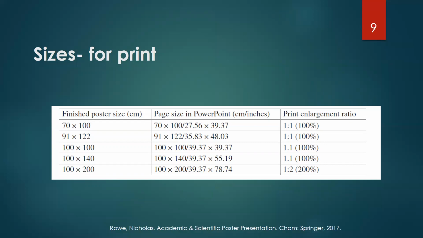So they are already decided by the conference. But if it is not so, then you select based on the poster final size. For example, this is A0. Then think if these numbers that you are writing in your poster on your computer, if you print it out on A0, if they are visible enough or not.